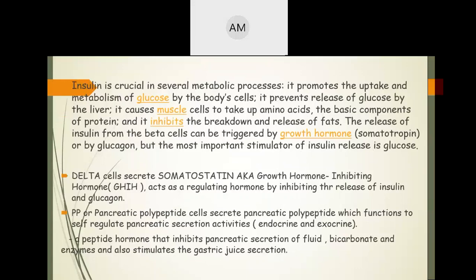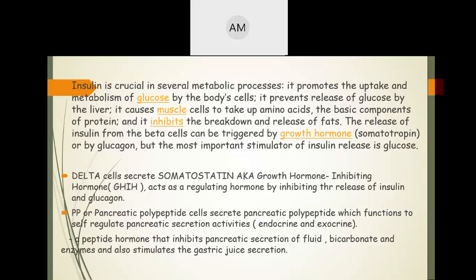The release of insulin from the beta cells can be triggered by growth hormone or somatotropin. Apart from glucose, growth hormone or somatotropin can also trigger the release of insulin from the beta cells.